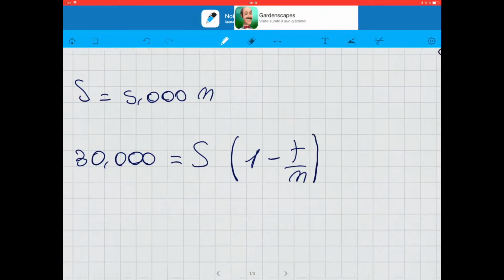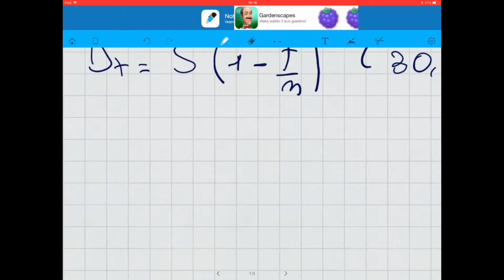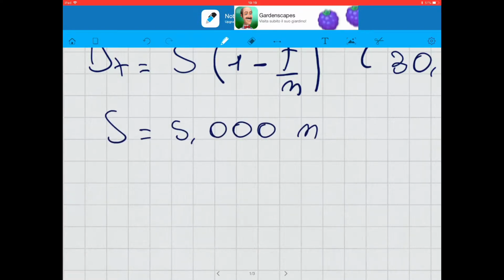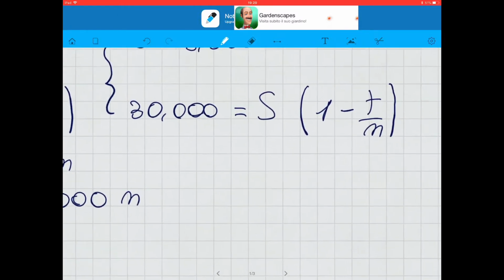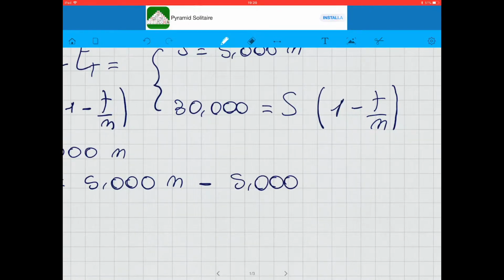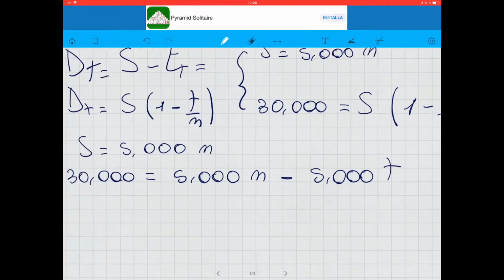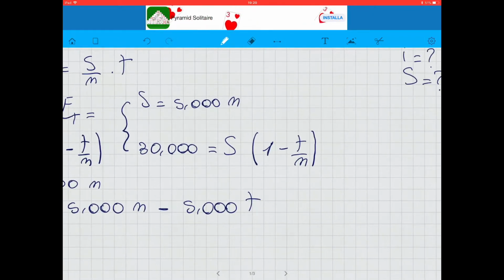Then we can use a system for these two equations. So here we can write that again S is equal to 5,000 N and then 30,000 is equal to S, that is 5,000 N, times 1 minus 5,000 T. And our T in this case was 6.